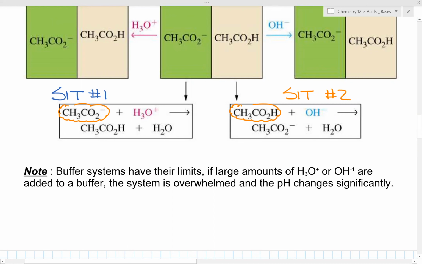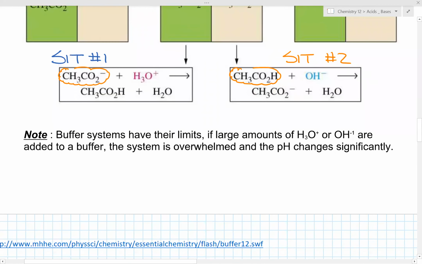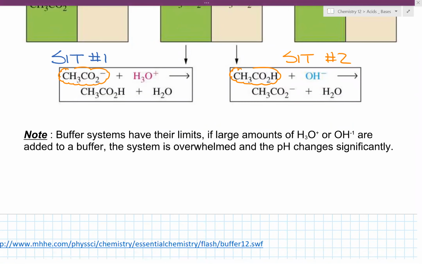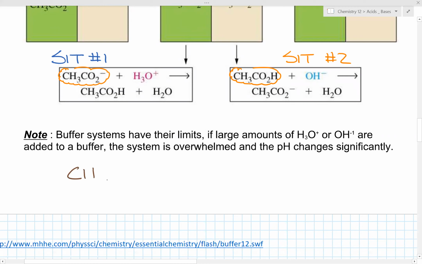Now, I wanted to go back to situation 1, situation 2. Some of you might say, well, Mr. Chan, I don't get it. Could I not do this for a buffer system? So let's say CH3COOH and H2O in equilibrium gives you CH3COO- and H3O+.